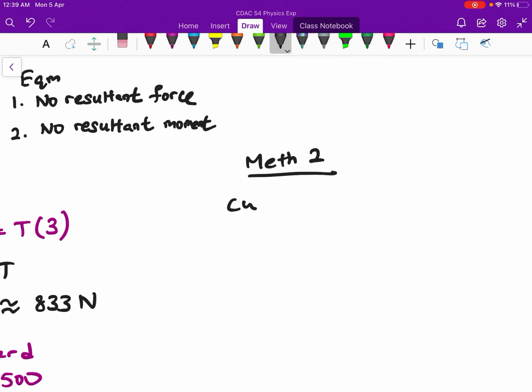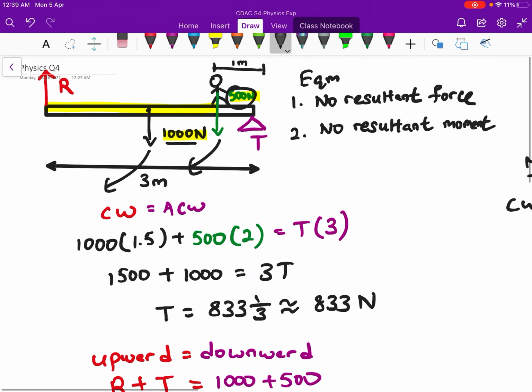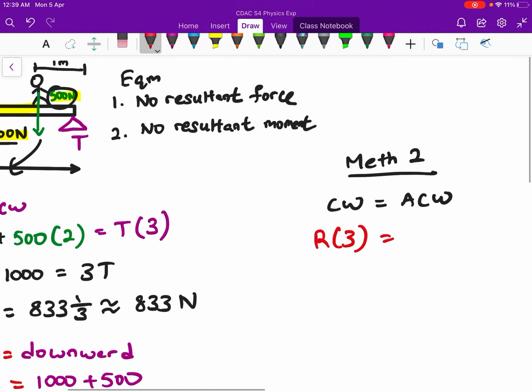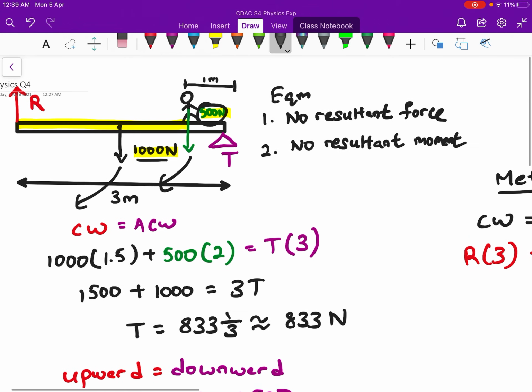Clockwise equals anti-clockwise. Clockwise will be R times 3, so R times 3 equals 1000 times 1.5 plus 500 times 1.